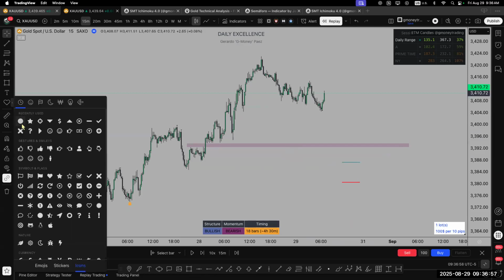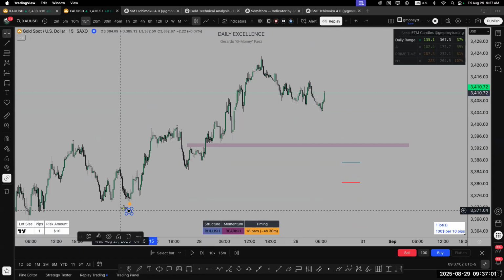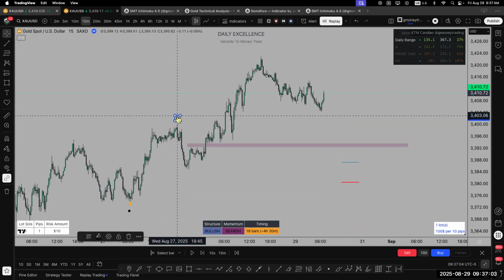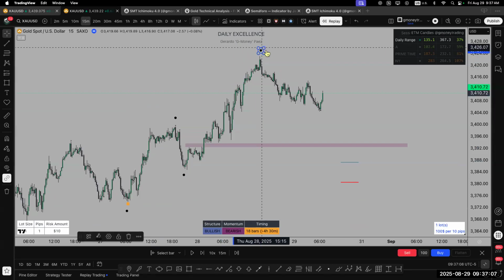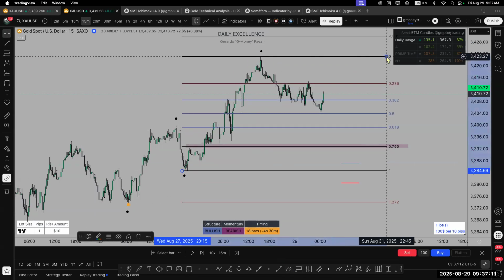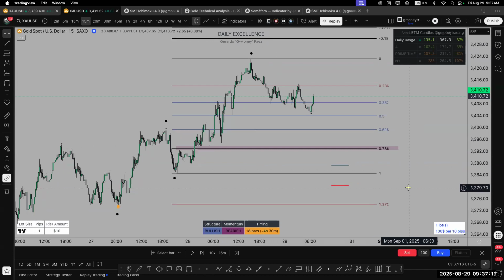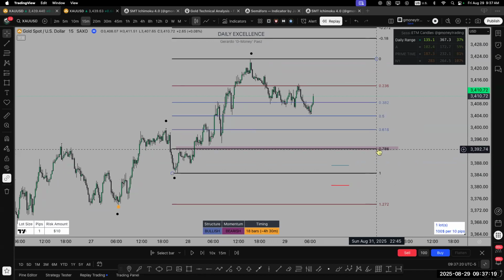We had these nice structure points: low, high, higher low, higher high. You fib that at 78 percentile, right? Good setup based on technical analysis. Buying low, buying at a discount price, etc.